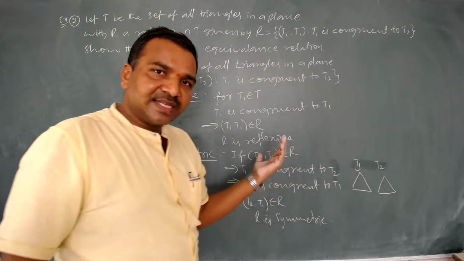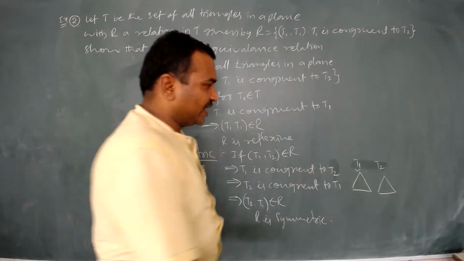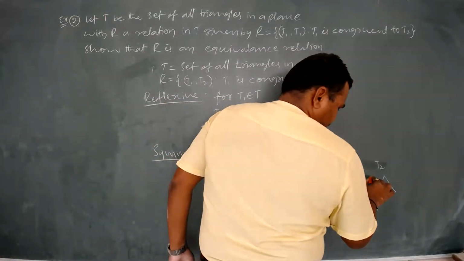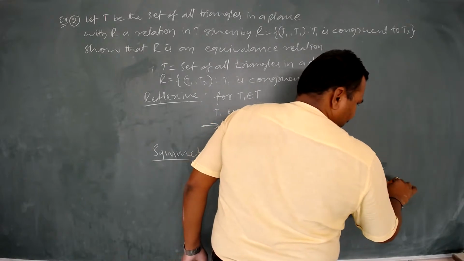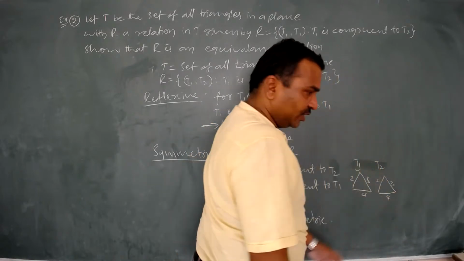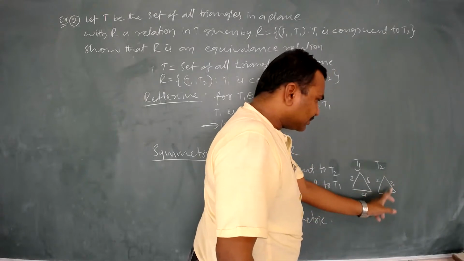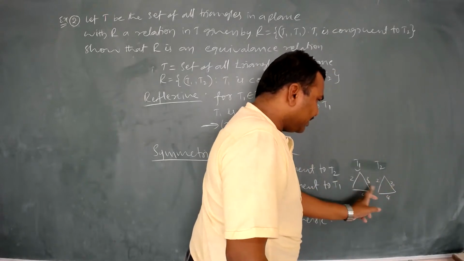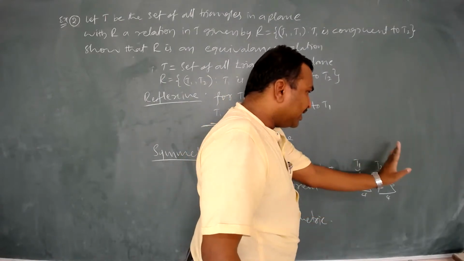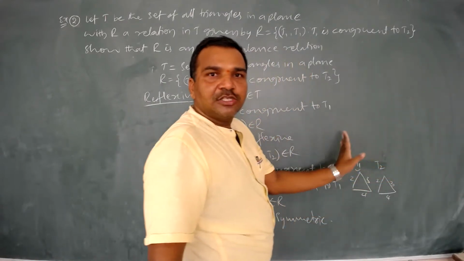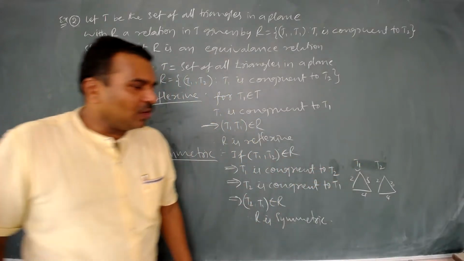Corresponding sides are equal, compulsorily equal. Corresponding angles are also equal. So, for example, this is 3 units, 4 units. Here also 2 units, 3 units, 4 units. 2 by 2 equal to 3 by 3 equal to 4 by 4. It is also possible now. So T1 congruent to T2 means compulsorily T2 is also congruent to T1. No need to check now. Directly we can say. Okay.